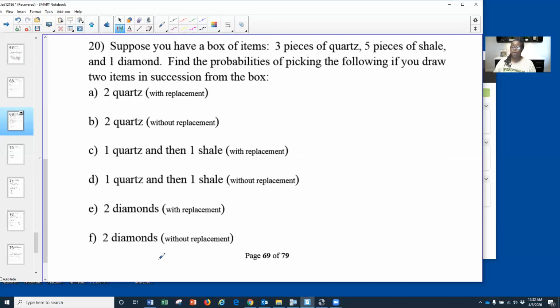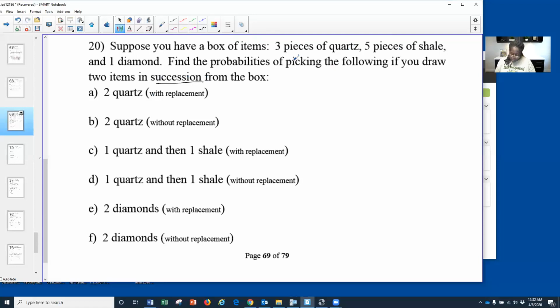All right, now watch these problems, because they're giving us some details in the problems. So we're picking 2 items in succession from the box. What is in the box? Did they tell us how many items total was in the box? No. They told us the different items that were in the box, but they didn't give us a total. So remember, we're doing probability. Totals are important. So if they don't give you a total in the problem, you got to find the total.